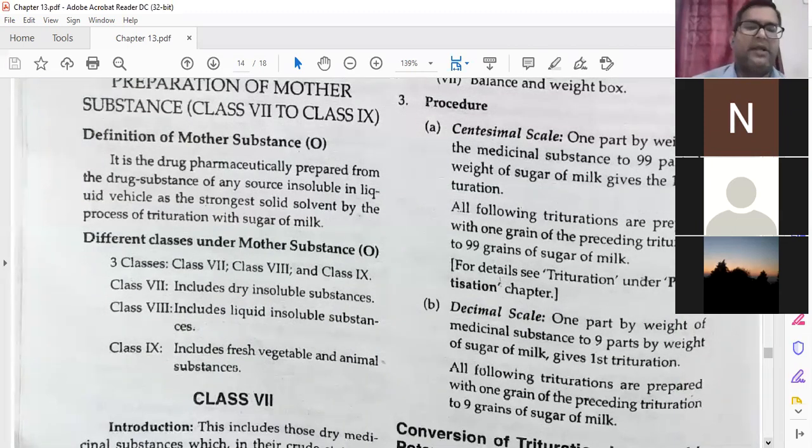So now you understood: dry drug substances which are insoluble are in class 7, liquids which are insoluble are in class 8, and vegetable and animal products which are not soluble are kept in class 9. Nowadays, as we learnt at the start of this chapter, class 9 is not used or was later excluded, because class 7 and class 8 already include it.